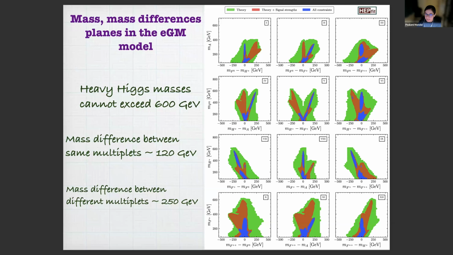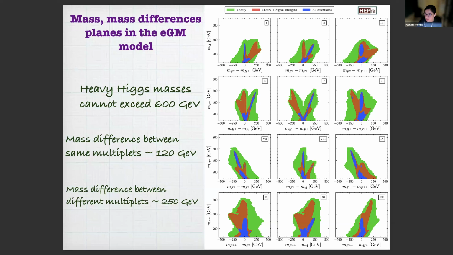So we see that if you have a 95 GeV scalar, or a mass between 90 and 100 GeV in the theory, your heavy Higgs masses cannot exceed 600 GeV from the combined fit. So, for example, in future, like we have already seen a 650 GeV excess, which is assumed as a 650 GeV.